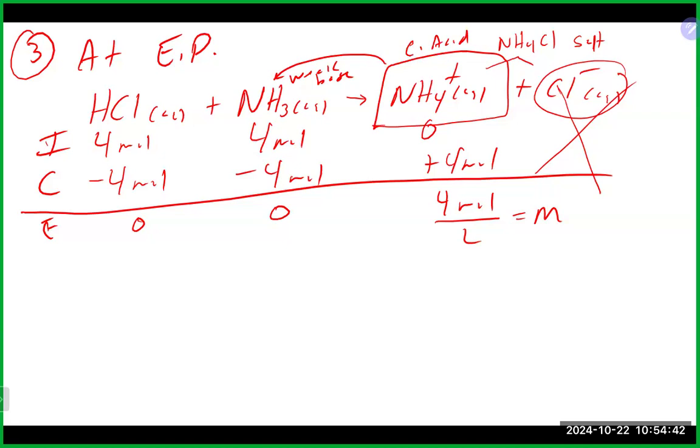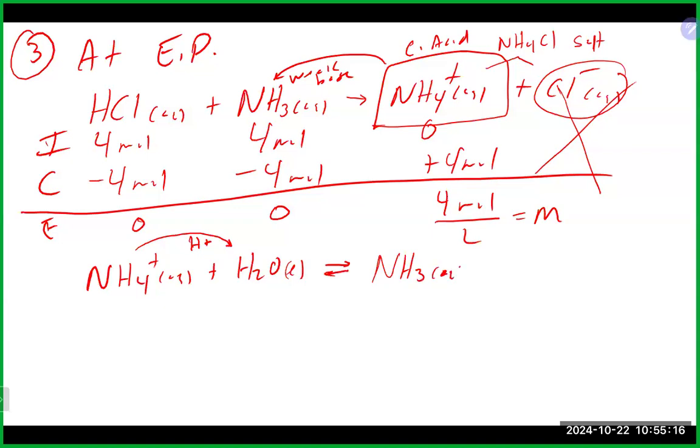And much like we saw in the previous titration, that part of the salt will continue to react with water and we will get a second reaction, which is our hydrolysis reaction. So we will get our NH4 plus reacting with water. And again, it's going to react as an acid, which means it's going to donate the H plus, since it came from a weak base. When it does so, it will always create where it came from, which is NH3. And in this case, we will produce H3O plus.